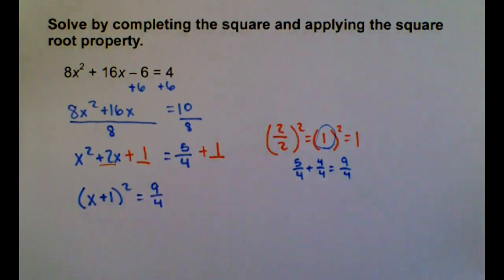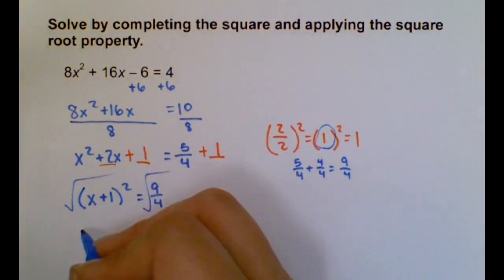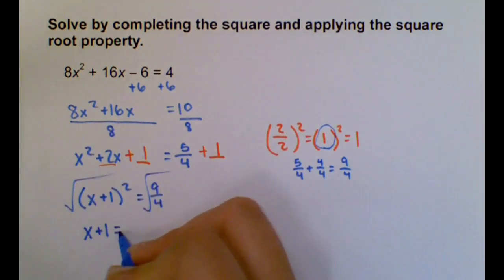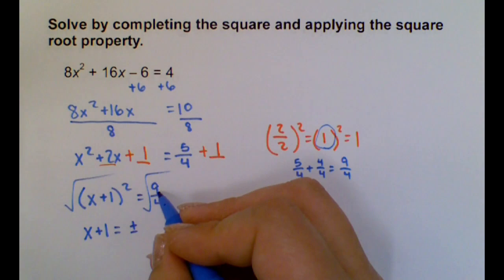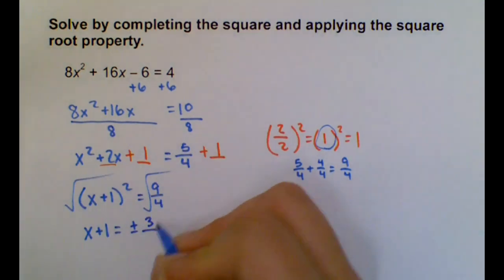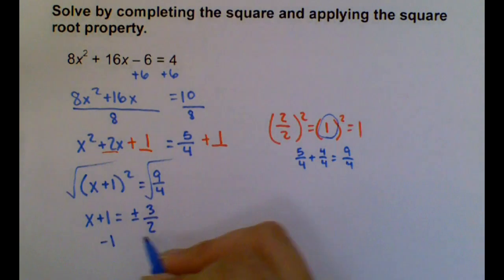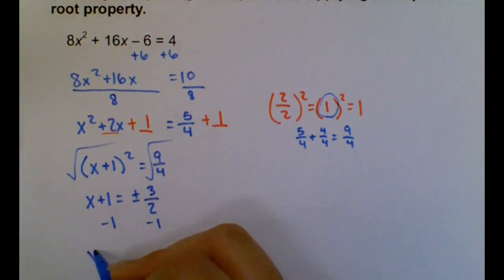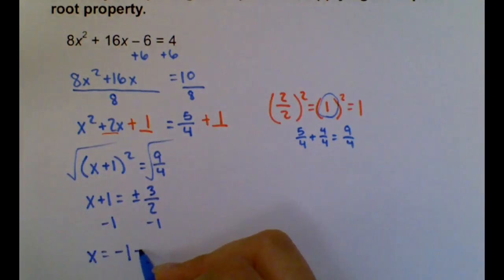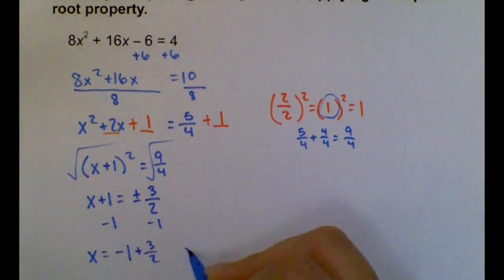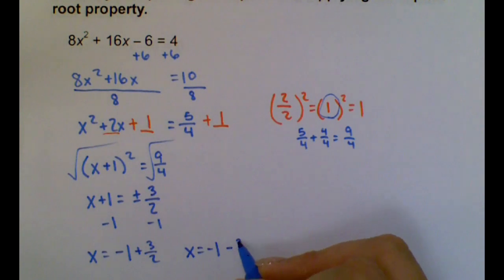Then we undo our square by taking the square root of both sides. When you take the square root of a fraction, we take the square root of the numerator, which would be 3, over the square root of the denominator, which is 2. And then I subtract 1, making it negative 1 plus 3 over 2, and negative 1 minus 3 over 2.